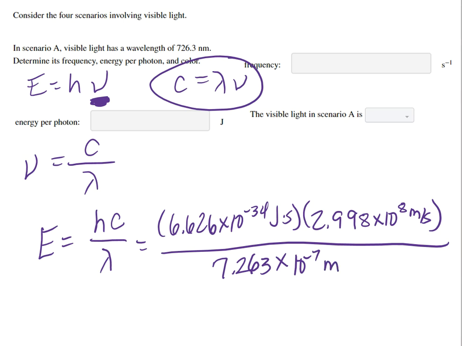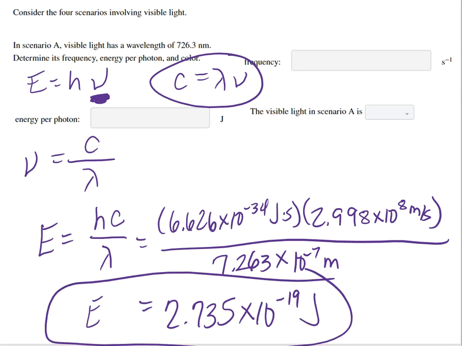Once you have all of your constants and your wavelength converted to the correct unit, multiply everything in your numerator, Planck's constant times the speed of light, divided by your denominator, which is simply your wavelength converted to meters. Once you do that, you end up with an energy equivalent to 2.735 times 10 to the minus 19 joules.